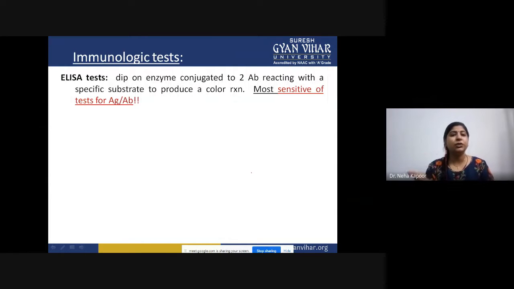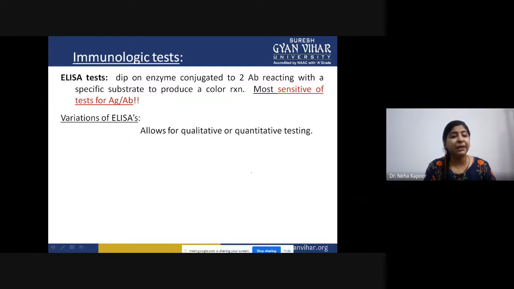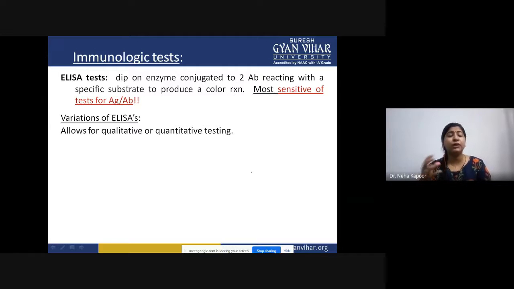So in these immunological tests, we conjugate an enzyme to the secondary antibody that can react with a specific substrate so that a colored reaction or colored result is observed. This is the most sensitive test if you want to go for the detection of antigen and antibody. There are many variations, as I told you, because we can go for both qualitative as well as quantitative testing.